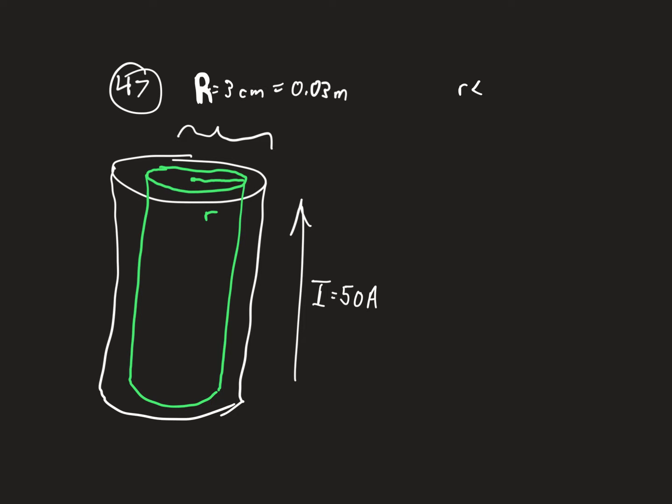The little thingy, just the integral. And this is a path integral of B dot dL equals mu naught times I enclosed.